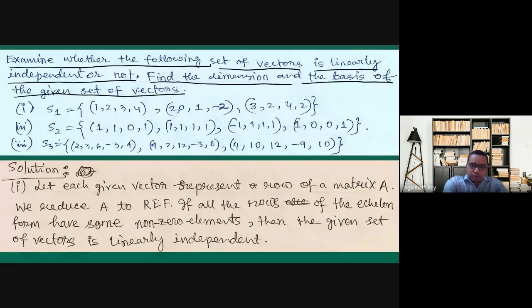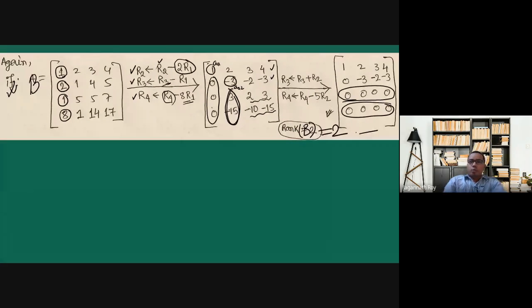Also, in the row echelon form, whatever non-zero rows we find, these non-zero rows will be linearly independent. It can be proven.